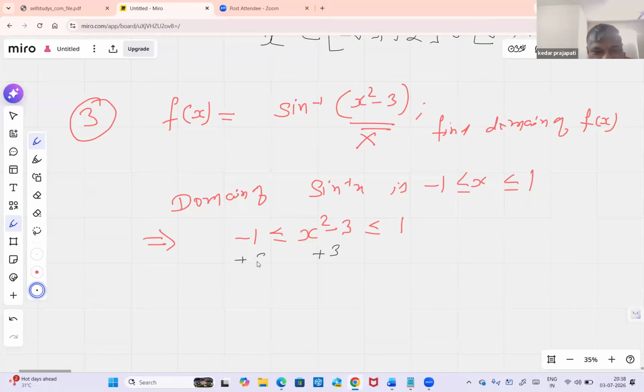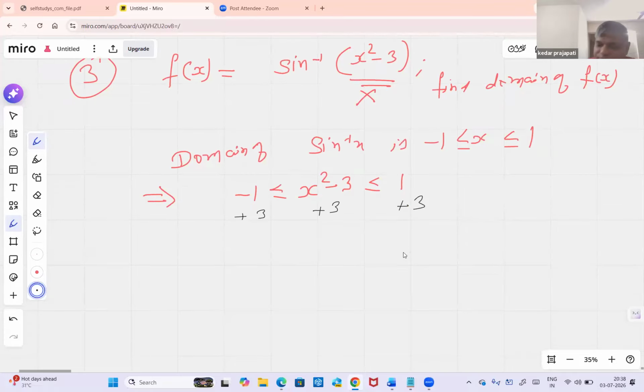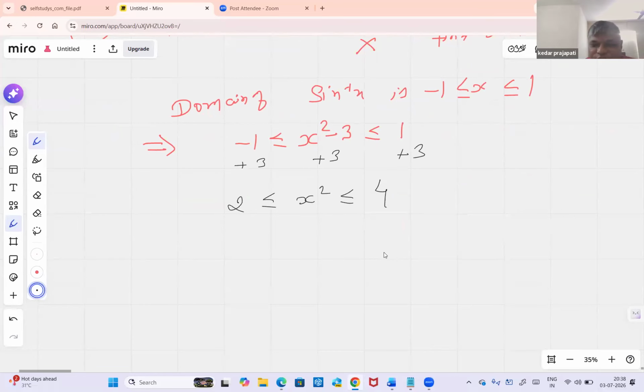Here also plus 3, here also plus 3. This will become minus 1 plus 3, 2, x square, 4. Now we got it. X will be between what to what?